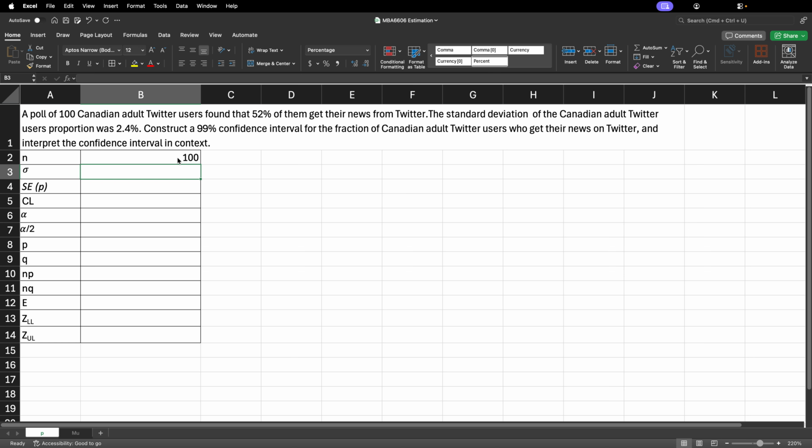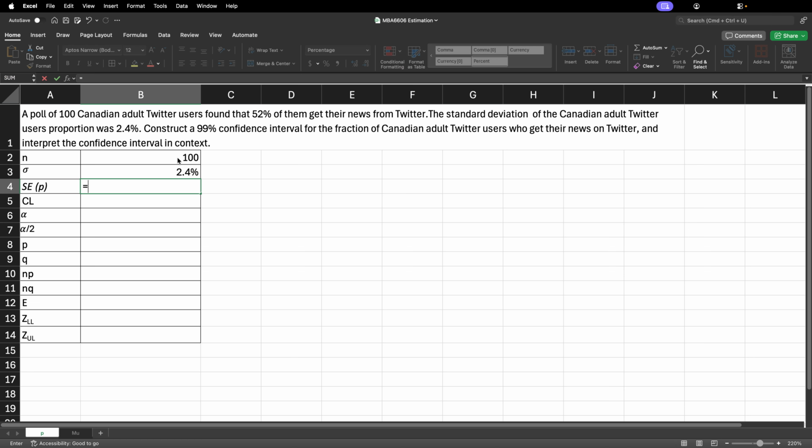What is the standard deviation of the proportion for the population? 2.4%. So what will be the standard error of proportion? The central limit theorem tells us the standard error of the sample statistic is sigma by root n.